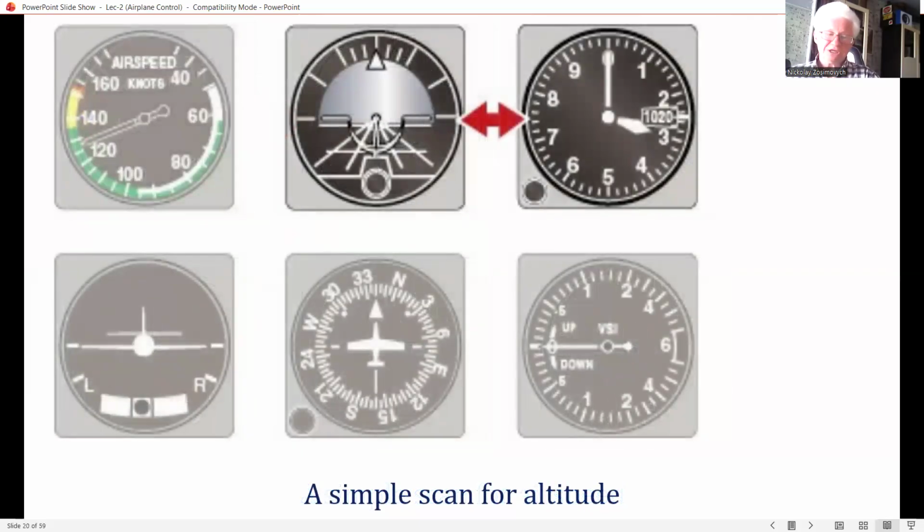The altimeter is the only means of determining the precise altitude of the airplane in visual as well as instrument conditions. To obtain altitude information, the eyes can move from the AI towards the right where the altimeter is located, before moving back to the AI.